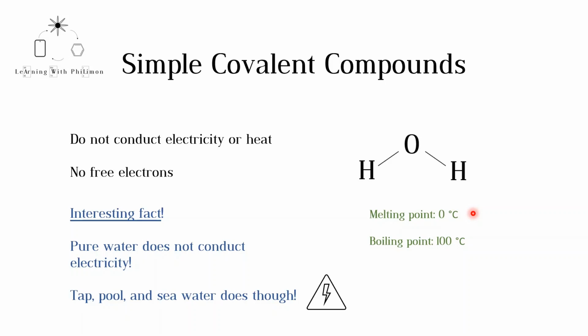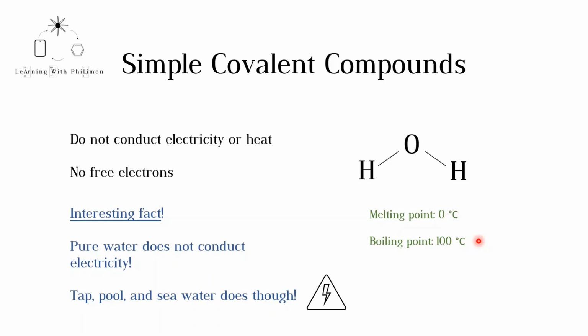At 100 degrees Celsius, water boils, becoming a gas. Water has a much higher melting and boiling point compared to other simple covalent compounds, such as hydrogen. Remember that hydrogen melts at minus 259.2 degrees Celsius. The high melting point and boiling point of water is due to hydrogen bonding, which is covered in the A-level and IB intermolecular forces video.